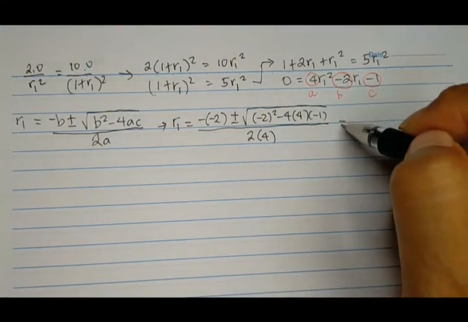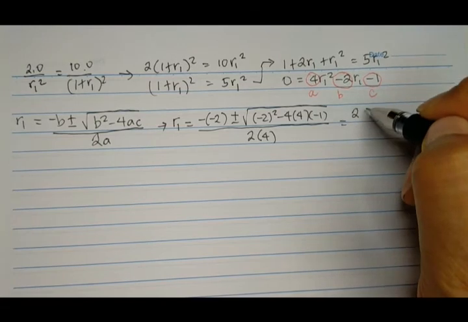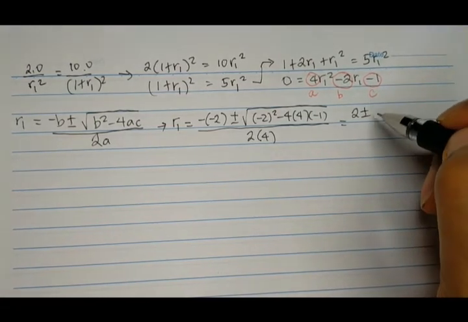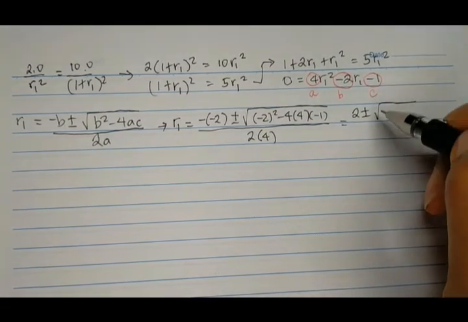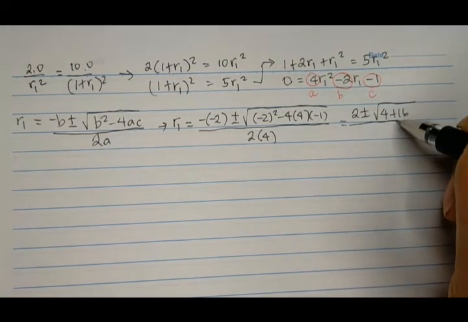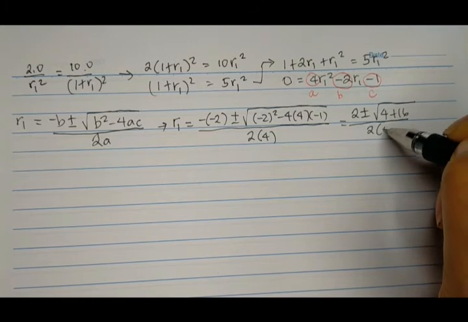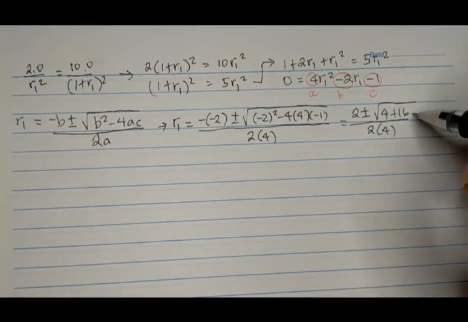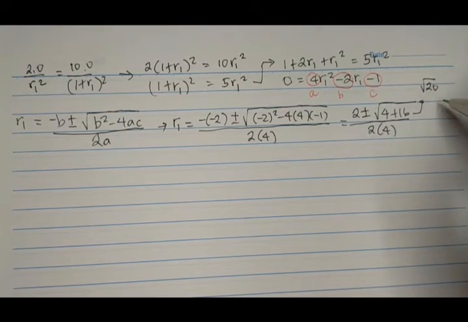Okay, so we come up with 2 plus or minus the square root of 4 plus 16 all over 2 times 4. Bear in mind that this one is square root of 20. It's also equal to 2 times the square root of 5, square root of 4 times 5 kasi yan.